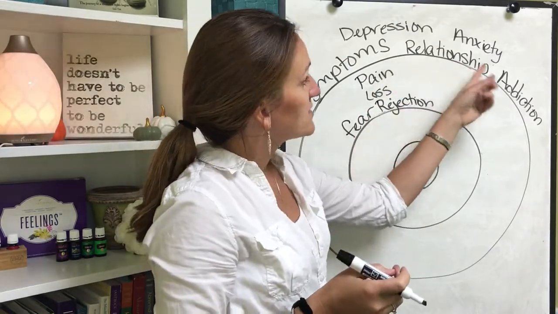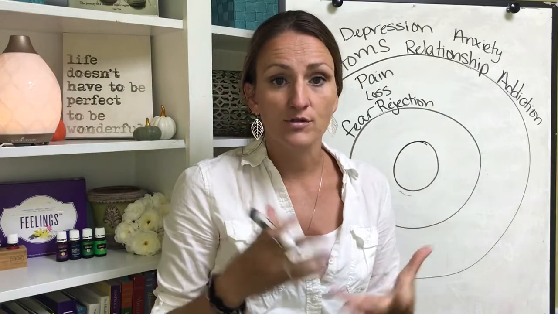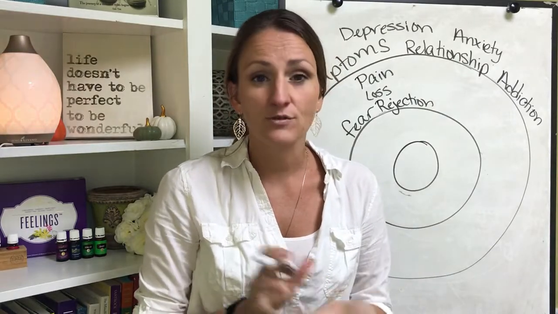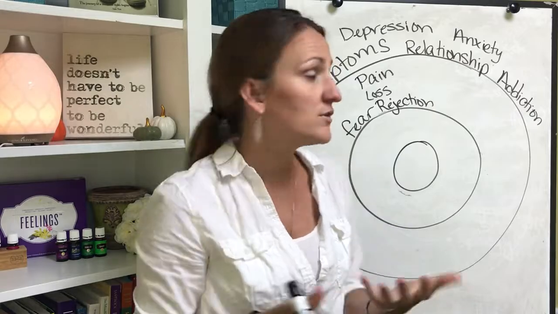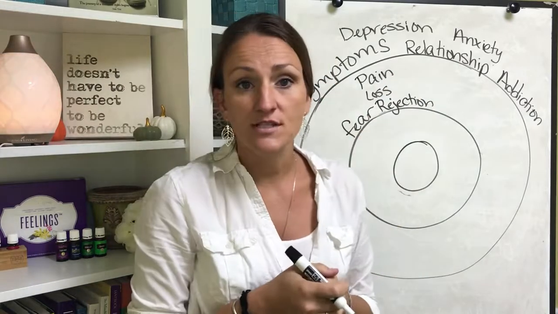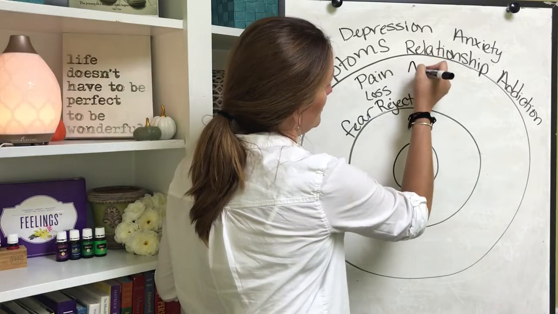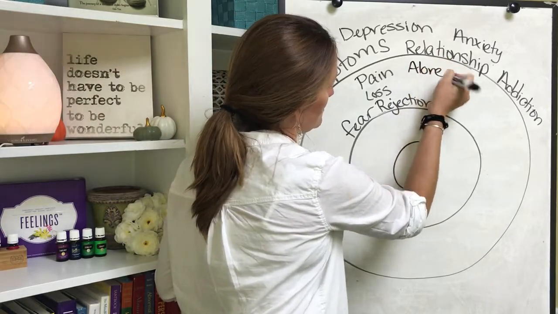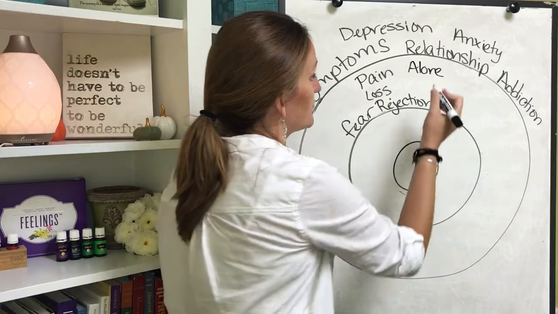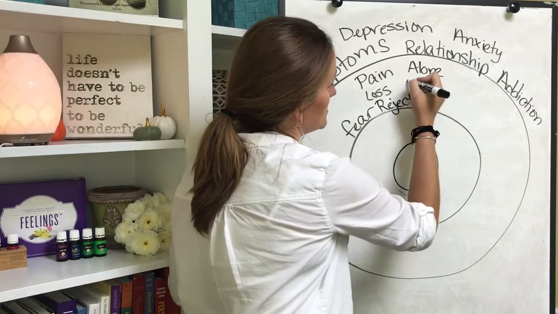If you have an imbalance in relationships, or low personal boundaries, or maybe your relationship is toxic or abusive, some of the fears that can be associated with relationships could be fear of being alone, fear of being unwanted.